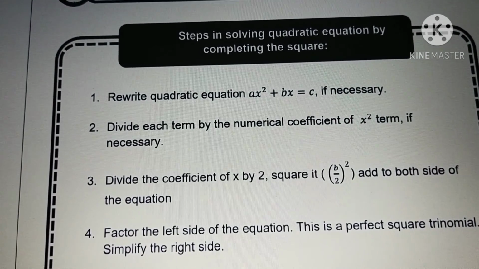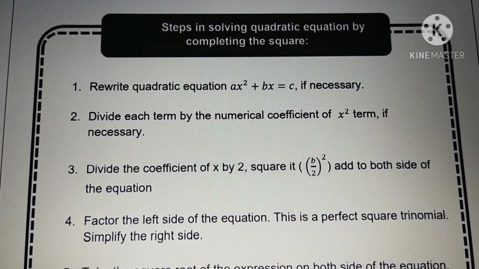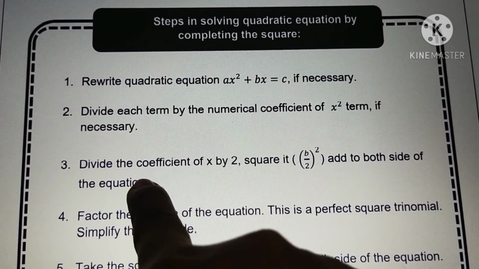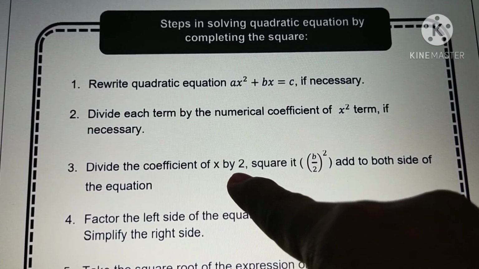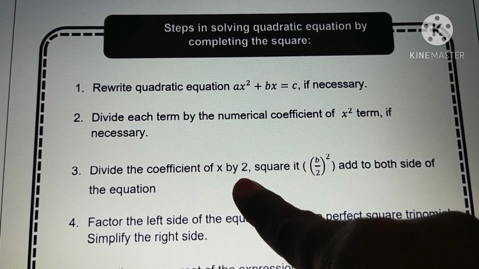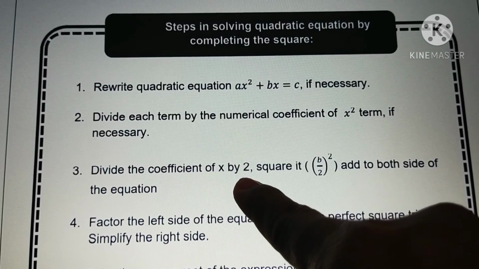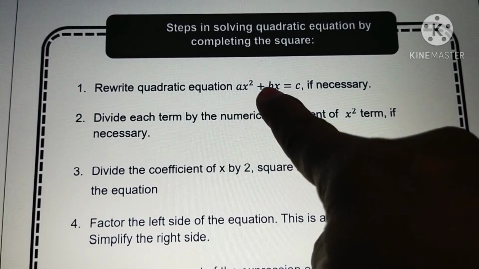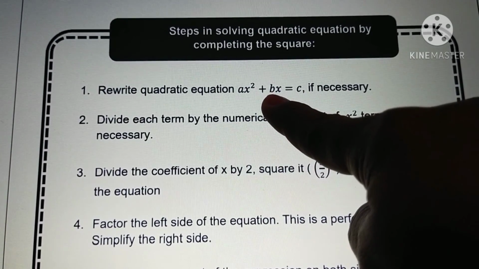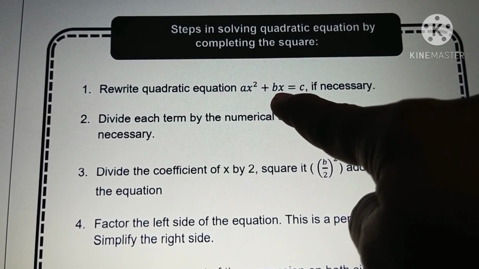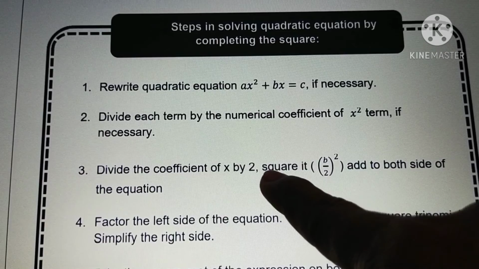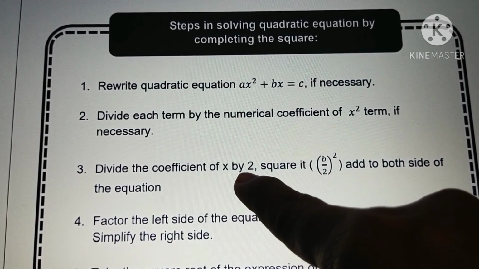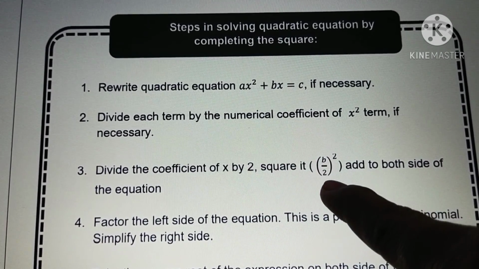Okay, next. Number 3, divide the coefficient of x by 2. Okay, divide the coefficient of the linear term by 2. So, the coefficient of the linear term is b. That's why we have here b over 2.